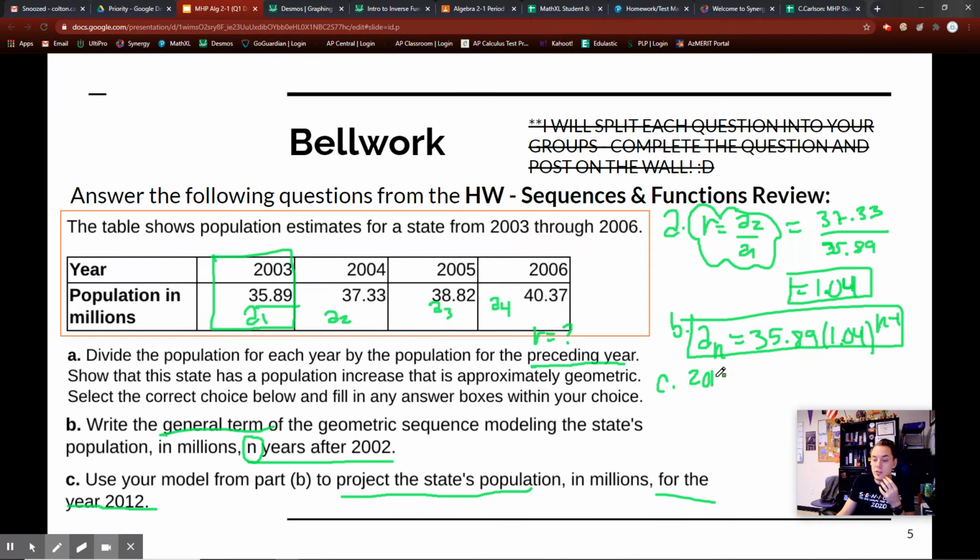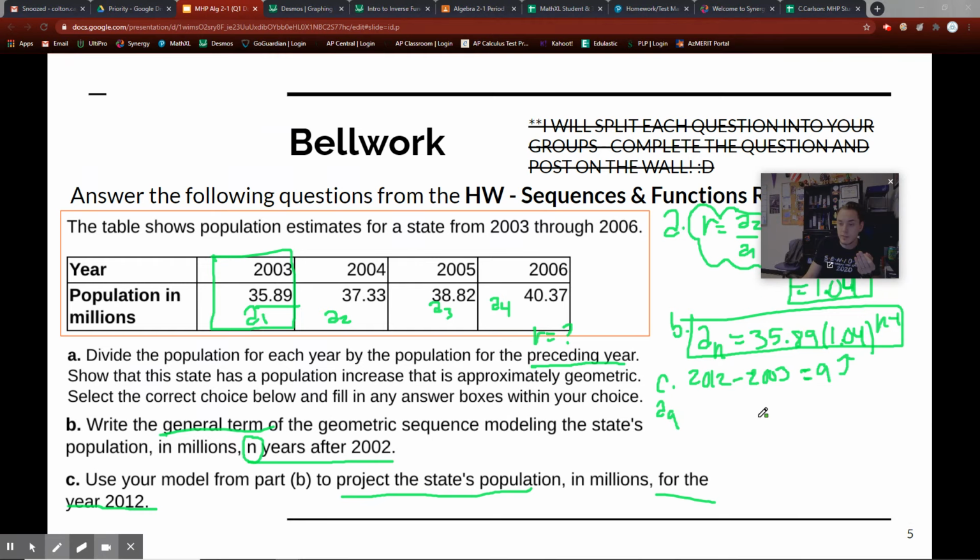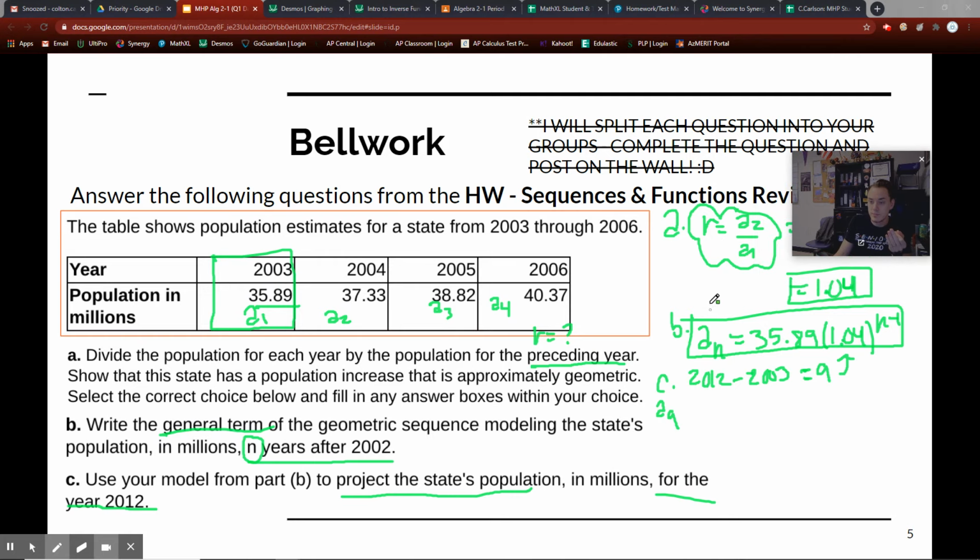So we take 2012 minus 2003, and so we get 9. Now that we got 9, we start plugging into my actual formula here. So a sub 9 equals 35.89 times 1.04, and then I'm going to take 9 minus 1.